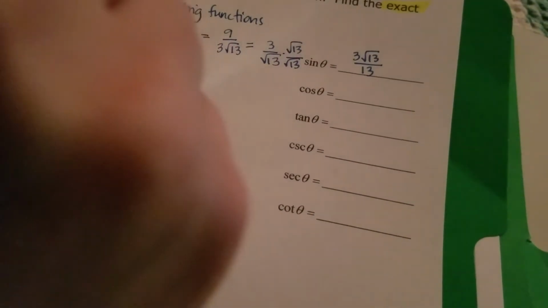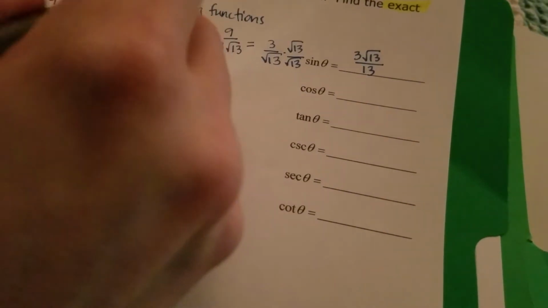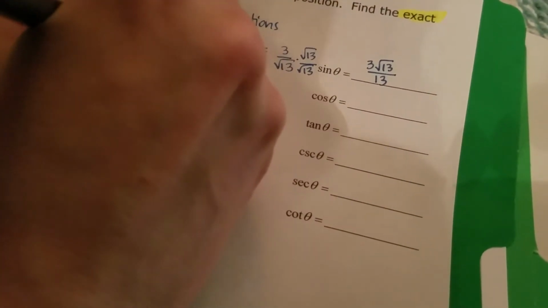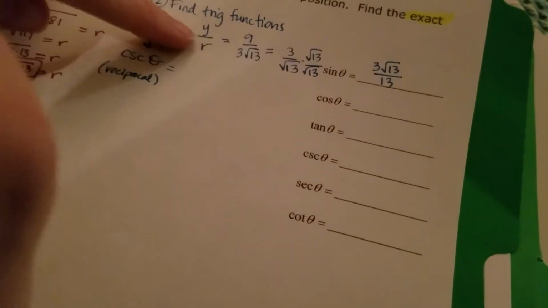Okay, now the next one that I would do is the reciprocal function. So the reciprocal of sine is the cosecant. Okay, so then if you did r over y, it would be 3√13 over 9. 3 goes into 9 3 times.